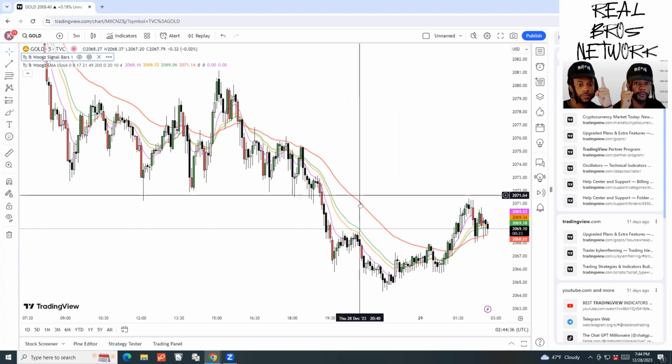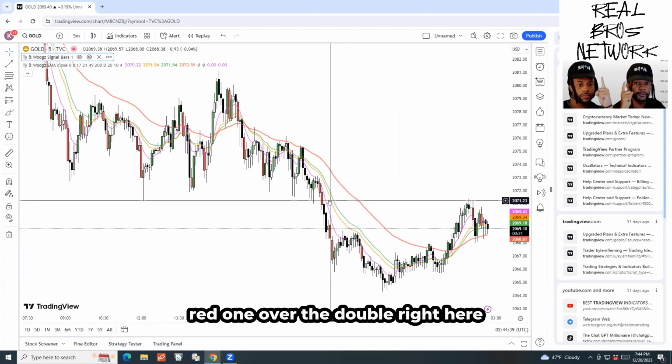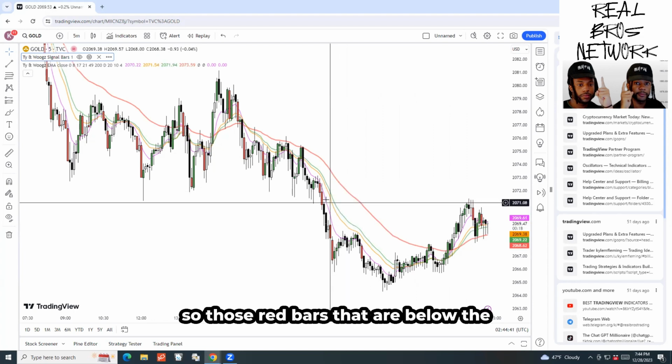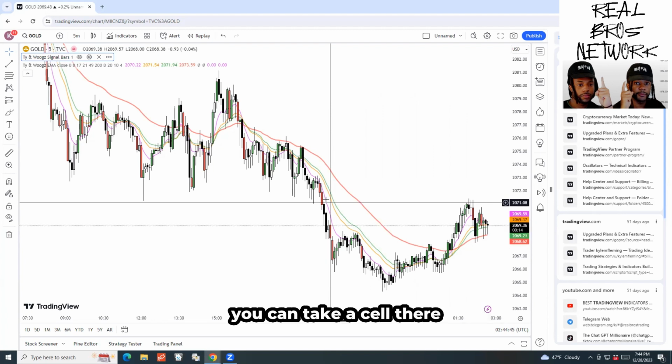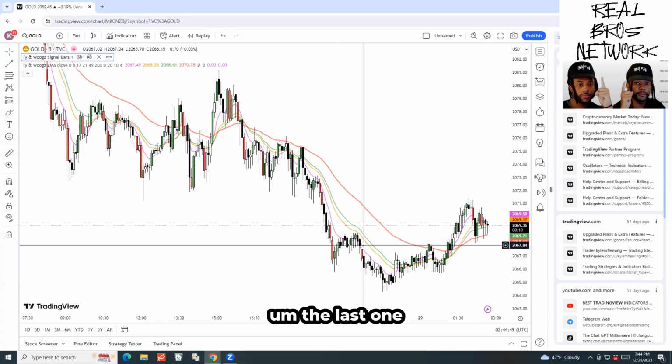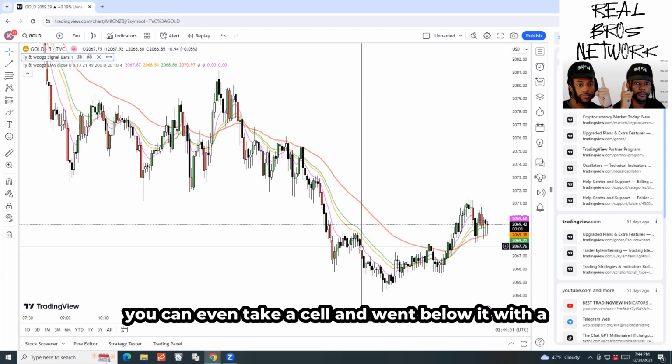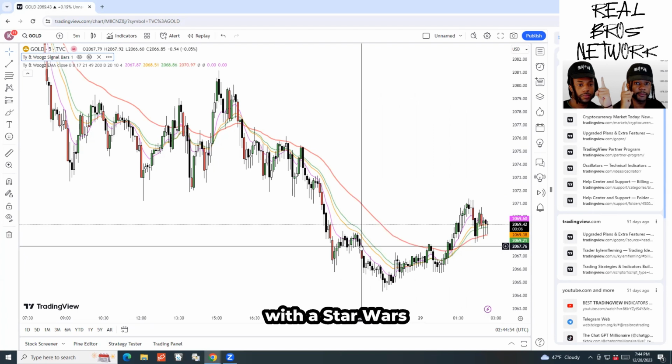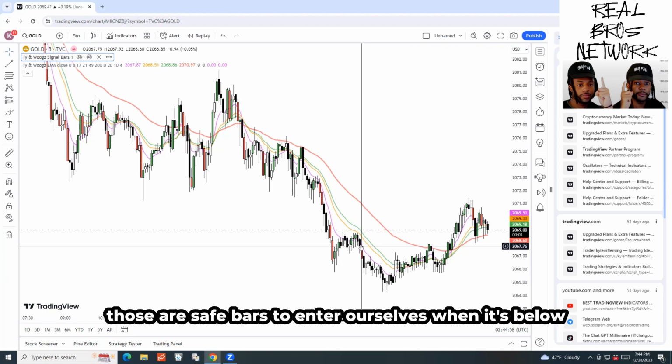There's one signal bar here, and a couple right here. Those red bars that are below the red line are safe to enter on sells. You can take a sell there, there, and there. The last one you can even take a sell and it went below it with a stop loss. So those are safe bars to enter on sells when it's below.